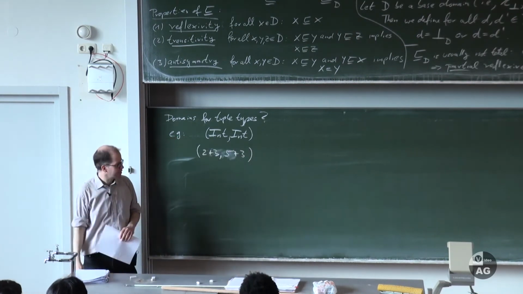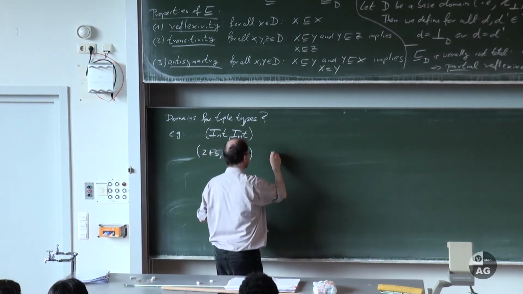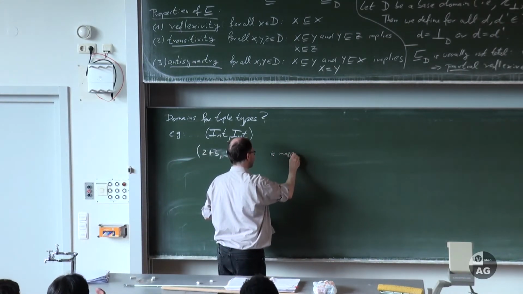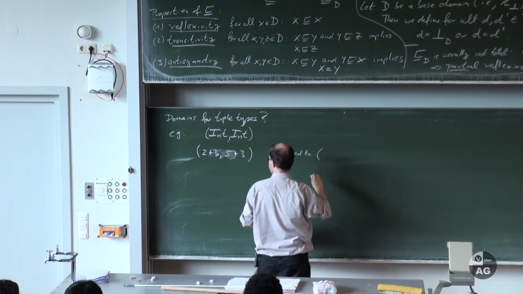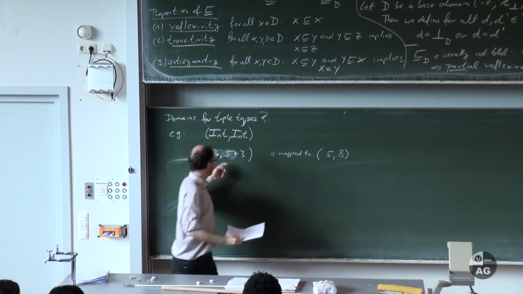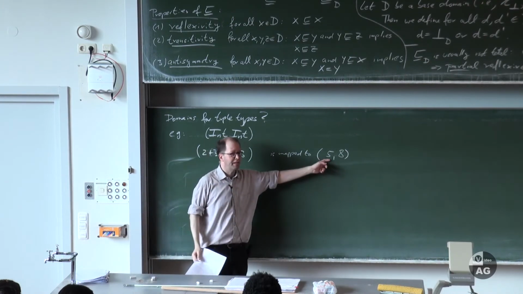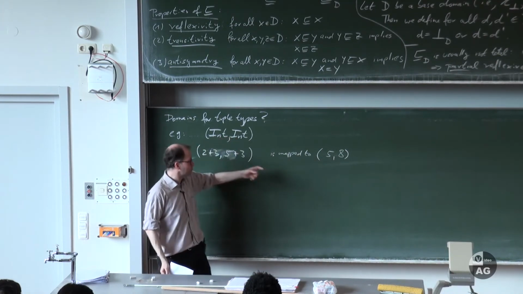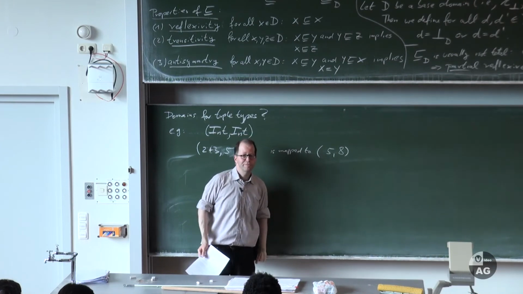That's a legal Haskell expression, and 2 plus 3 should be 5, and 5 plus 3 is 8. So this Haskell expression should be mapped to this value.